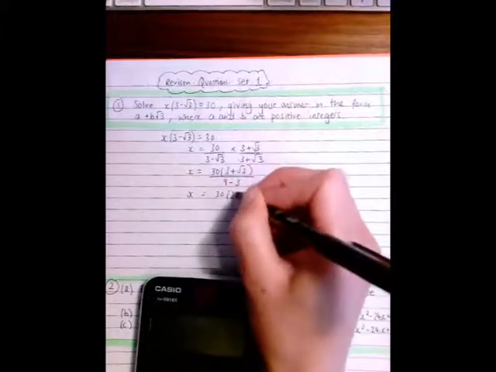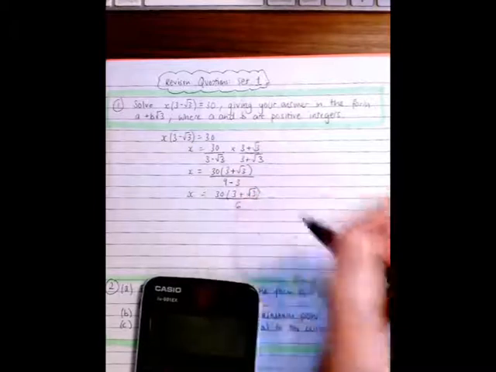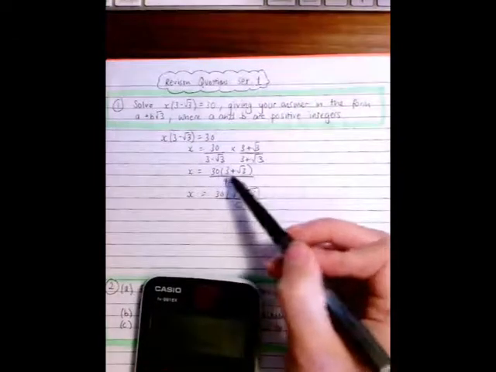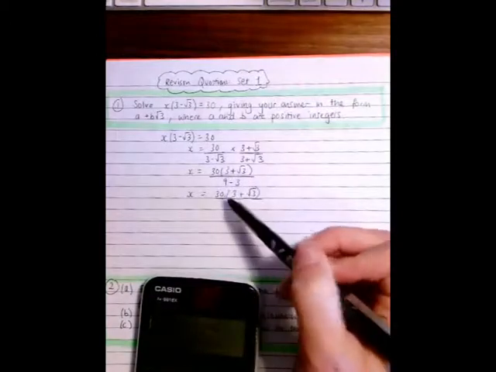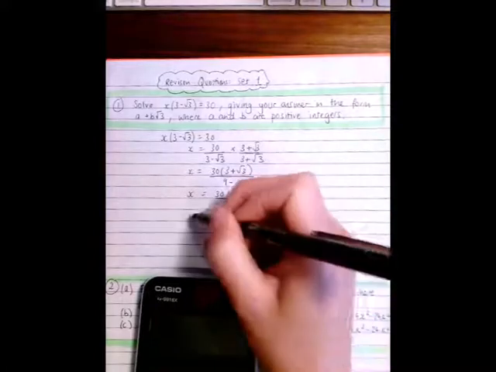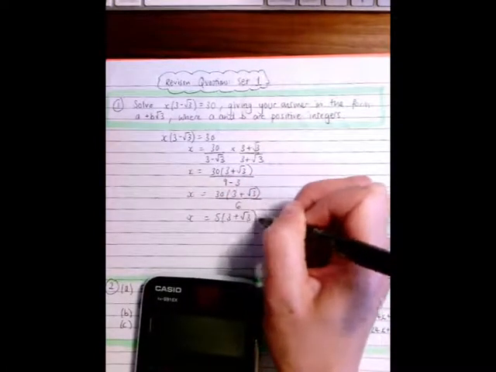Therefore I have 30 bracket 3 plus root 3 over 6. And the reason I just didn't multiply this out yet is just because I wanted to see if these would cancel, and they do. So 30 divided by 6 is 5. So I actually have 5 bracket 3 plus root 3.